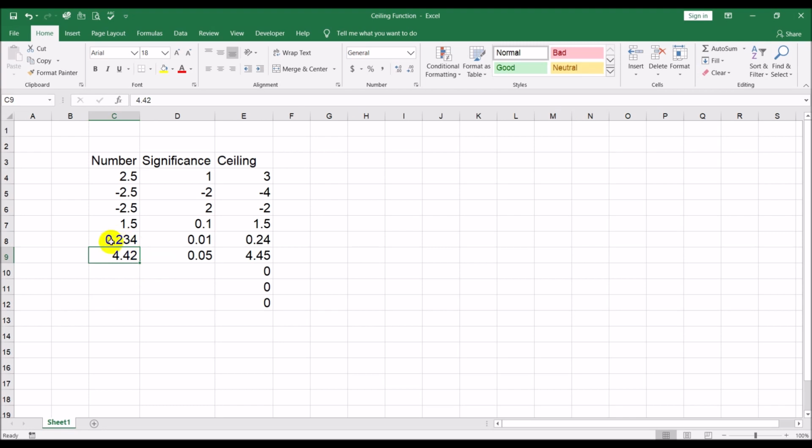So you have to round this up because you don't want to lose money by rounding down. So the significance is the smallest coin or currency that you can use, which is a nickel. So the significance would be a nickel, 0.05. And when you take this number 4.42, it rounds it up to 4.45, so it becomes a multiple of the nickels. Okay, so that's essentially how you use the ceiling function.